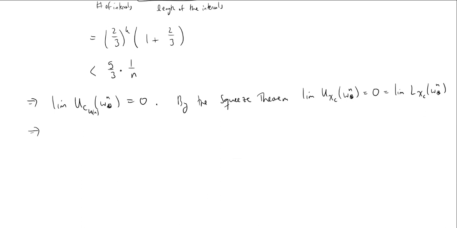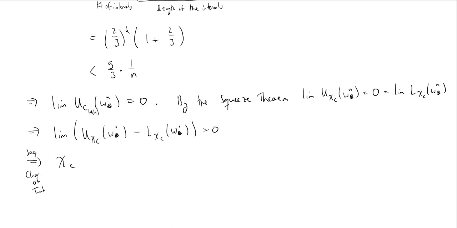So this implies that the limit of the difference, and here I can just use the dot notation, of the upper sum and the lower sum of chi C applied to this partition is 0. And so by the sequential characterization of integrability, chi C is integrable.